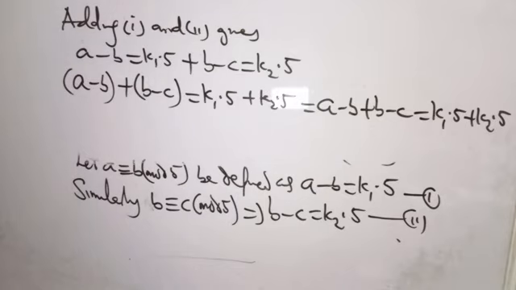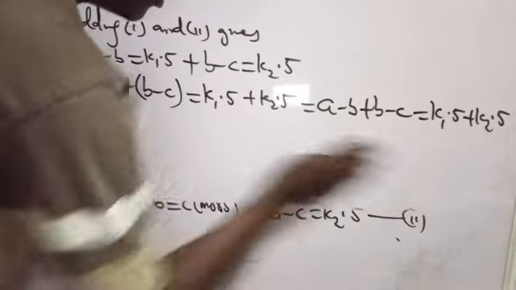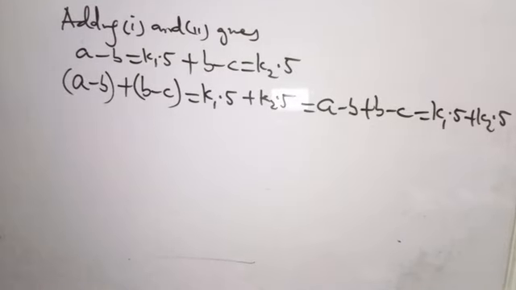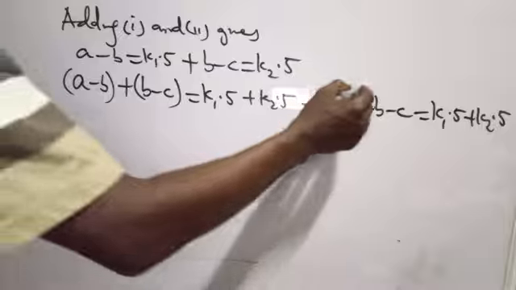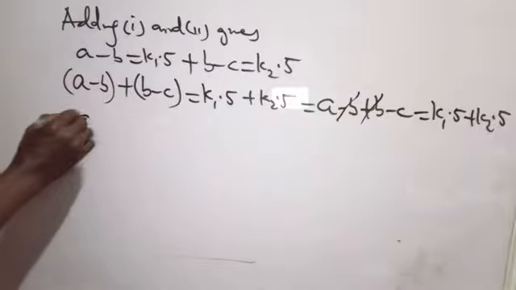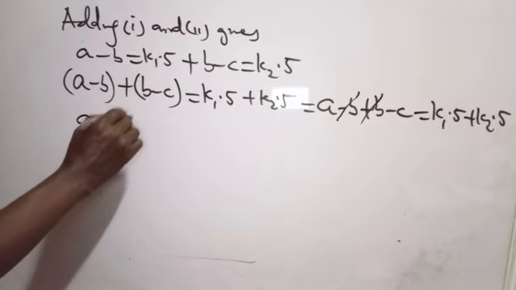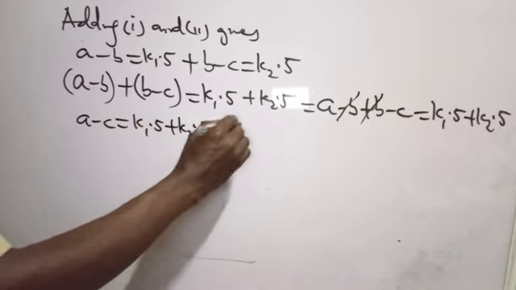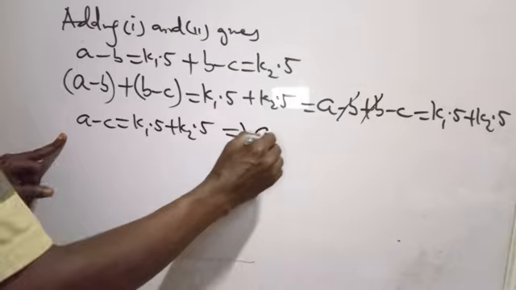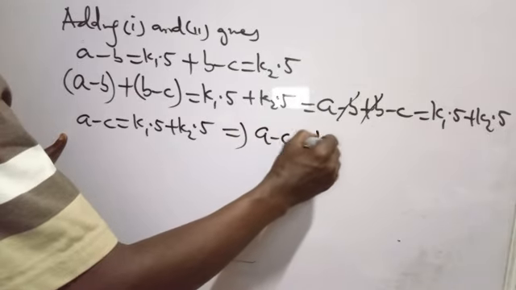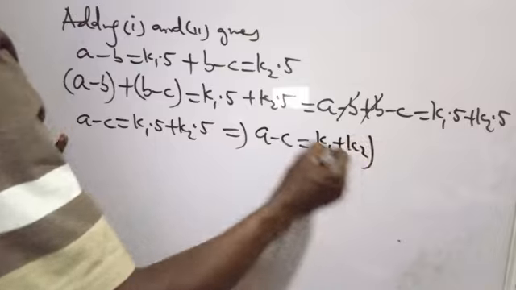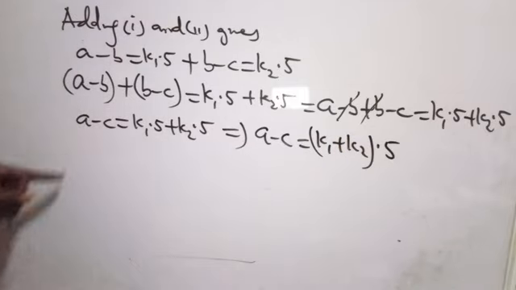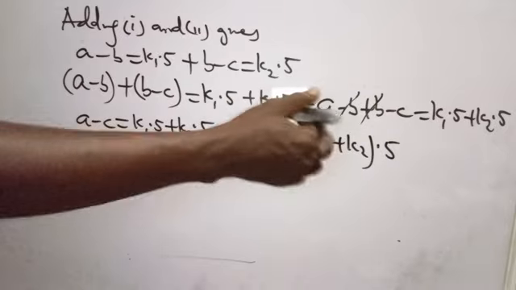Now, the minus B plus B cancel. You have A minus C equals K1 dot 5 plus K2 dot 5, which implies A minus C equals K1 plus K2 dot 5, because dot 5 is common and we factor it out.